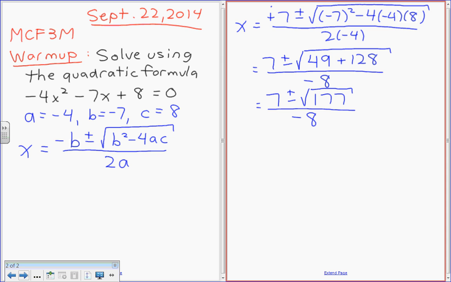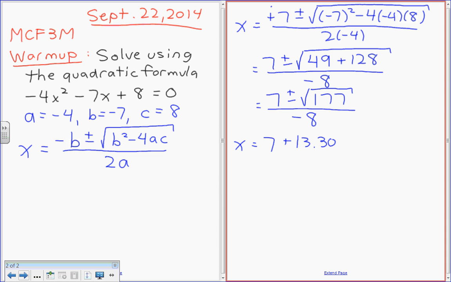Okay, hopefully things are looking good so far, but not yet great. All right, Conrad, can you do for the class, please, the square root of 177 to 2 decimal places, please? 13.30 is correct. Oh, sorry, that should be plus or minus. What I'm going to do is split it apart right now.